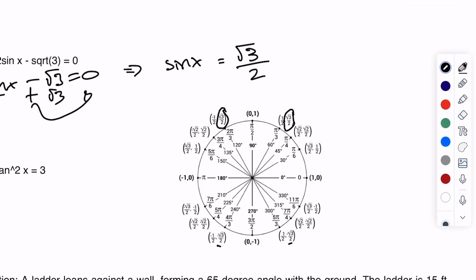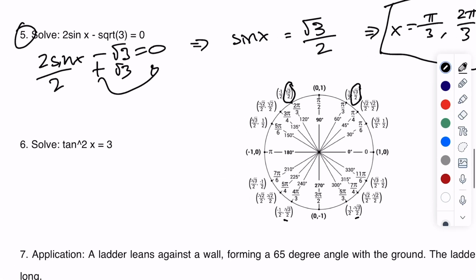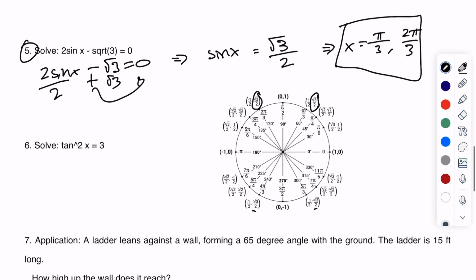So it looks like it's going to be at pi over 3 and 2 pi over 3. And this is going to be our answer using the unit circle.